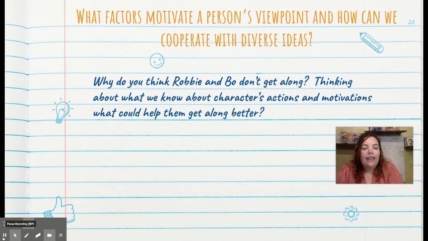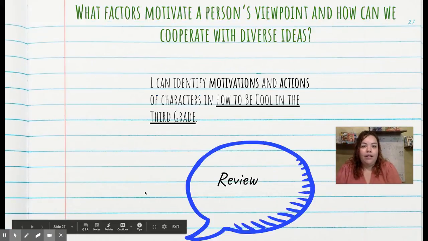What do you think they could do to help get along better? So I want you on a new page in your journal, or if you're typing it, I want you to type it down and answer both those questions. It's 2 questions. Why do you think they don't get along? And then thinking about actions and motivations, what do you think could help the 2 of them get along better?